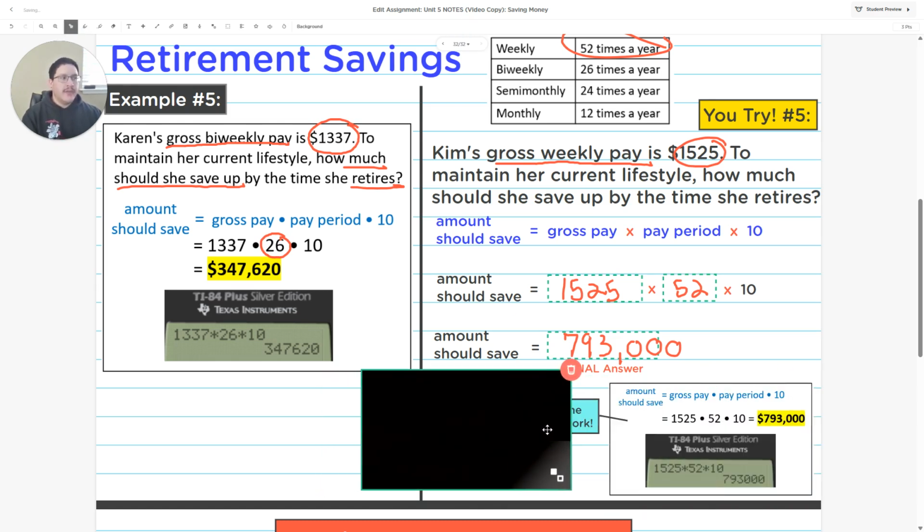This is just about how much she should expect to save in order to maintain her current lifestyle when she retires. Let me look up what is general retirement age. So yeah, the general retirement age is about 62 to 70 years.